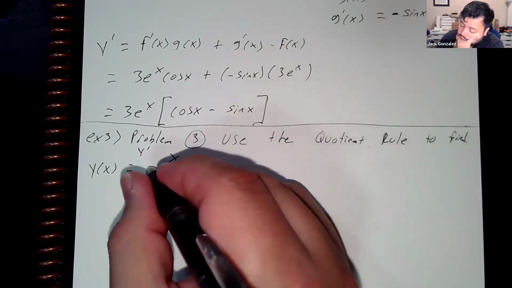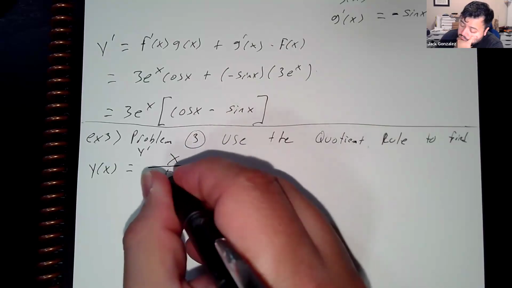So it's going to be x over x to the fourth plus 7.